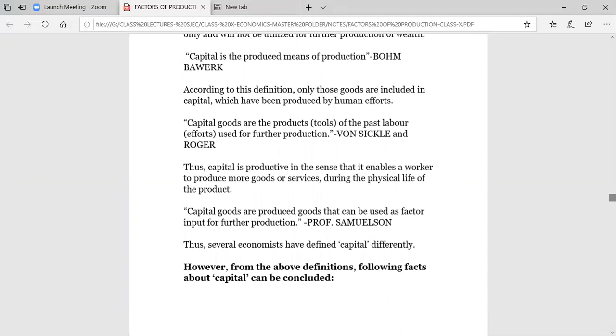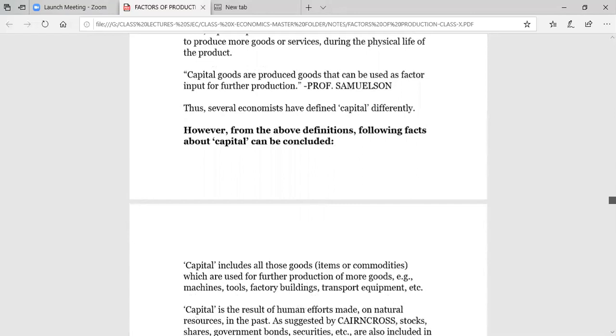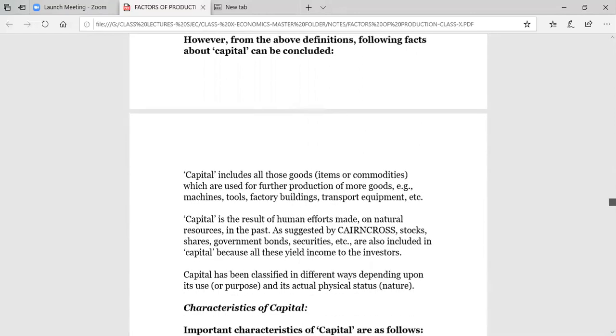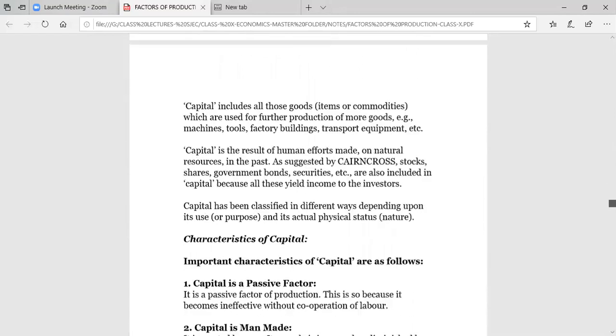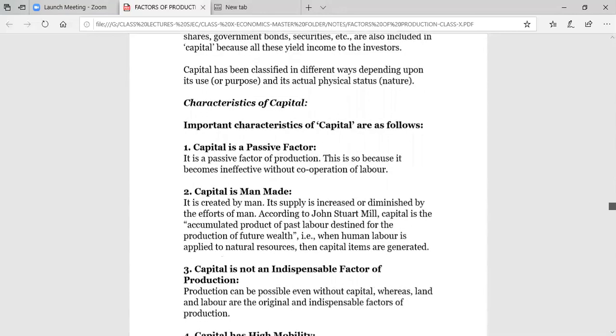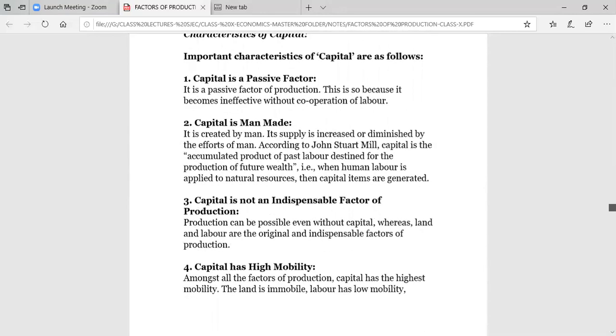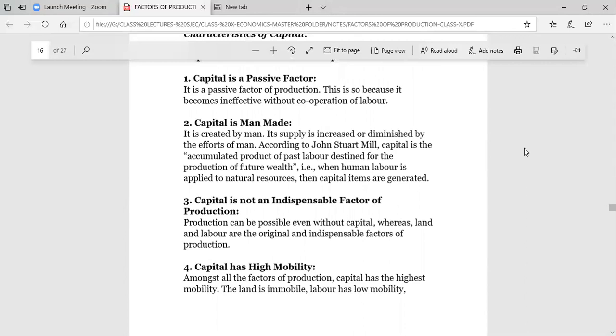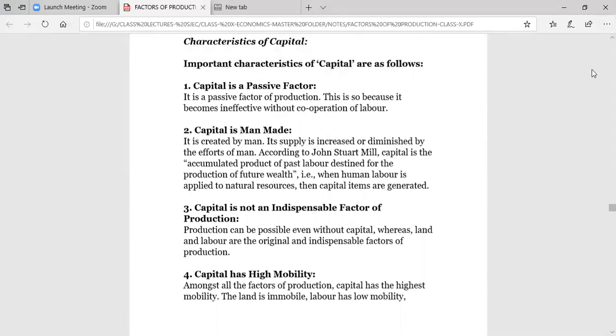It includes everything: the man, machines, equipment, whatever is required for production.